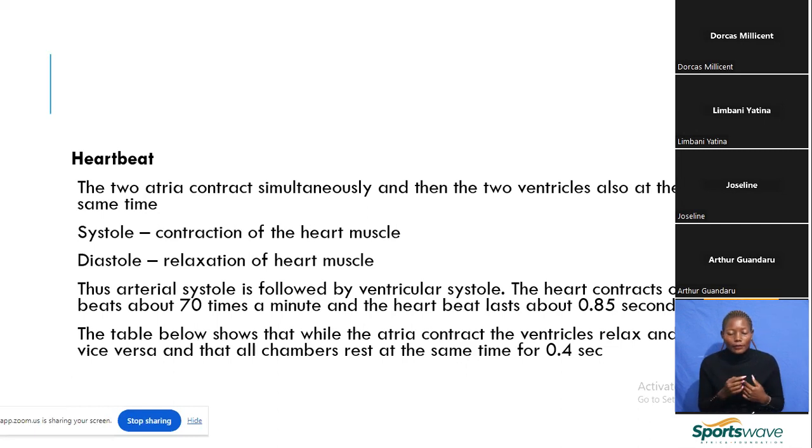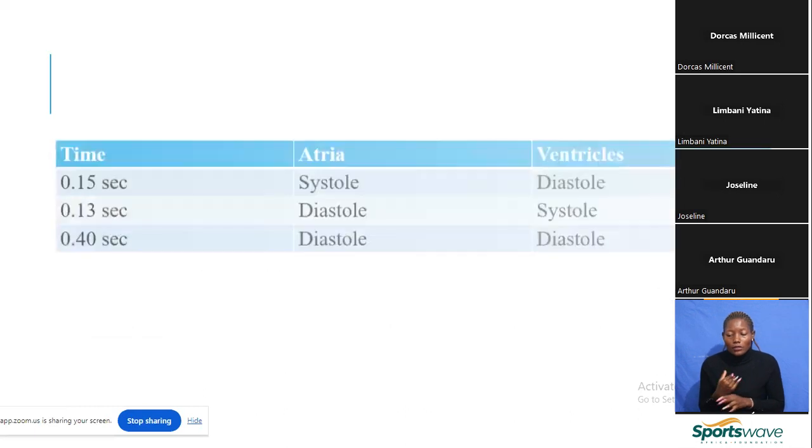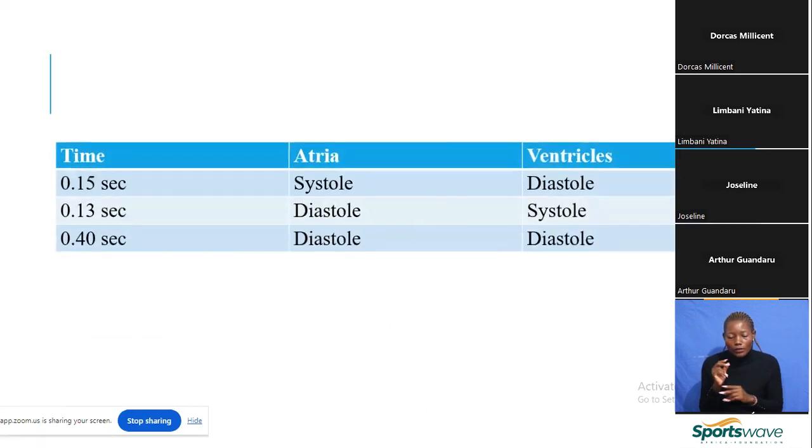It's very interesting there: the heart contracts or beats about 70 times a minute. We talk of 72. And one heartbeat lasts about 0.85 seconds. When the atria are in systole and the ventricles are relaxed, that is 0.15 seconds.